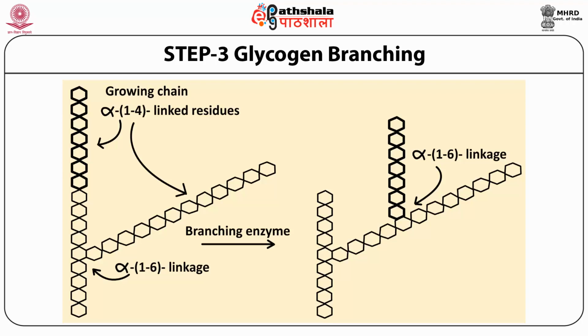More terminal ends increase the rate of synthesis and degradation of glycogen. From the figure, you can see the growing chain of glycogen and branching enzymes which result in the multiple branching of glycogen.